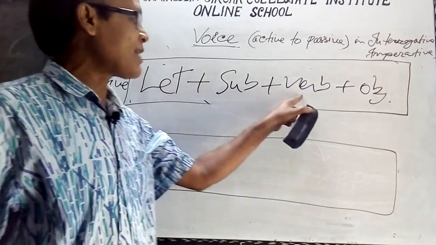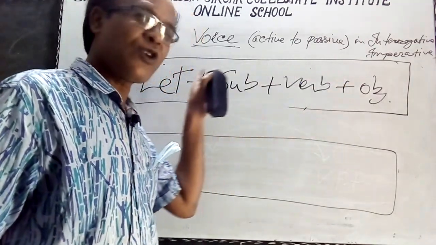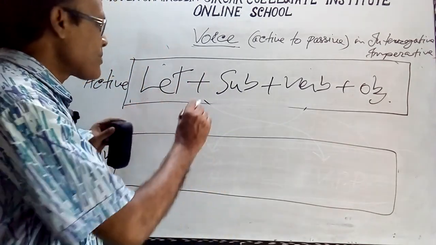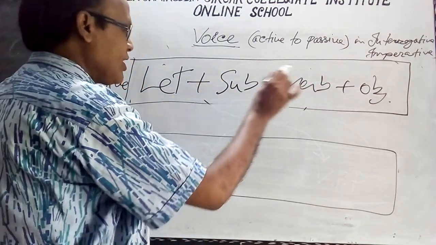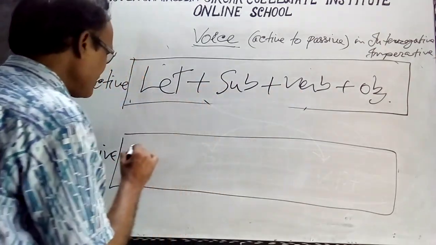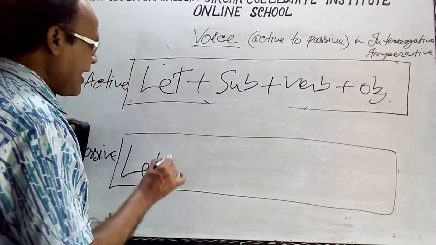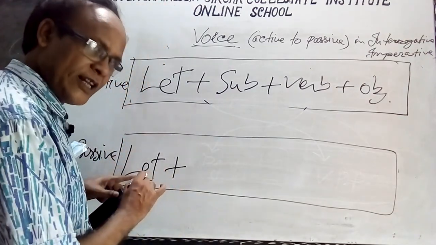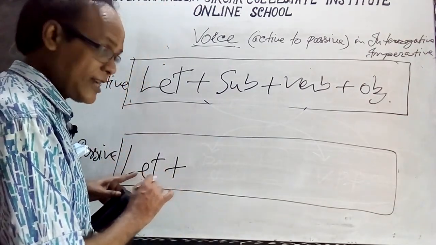Let plus subject plus verb plus object. This is also an active voice imperative sentence. And in that case, we must use let. As this sentence is imperative, we must begin the passive sentence with let.